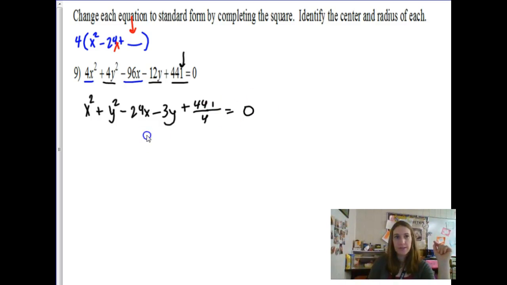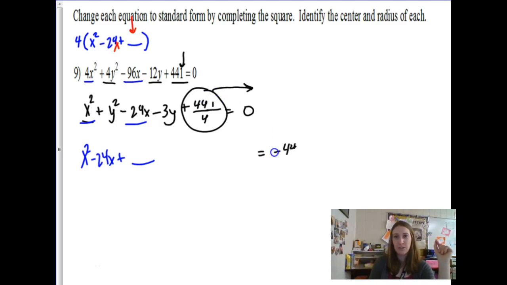Alright, so now let's complete the square with the x's first. And then if we leave the blank, we're going to have to add it to the other side as well. Now, this gross fraction of 441 over 4, we're going to subtract that over. But I'm going to add this blue blank as well.